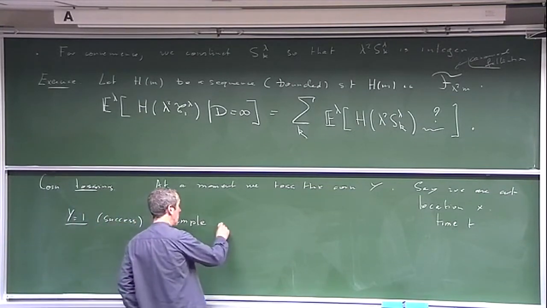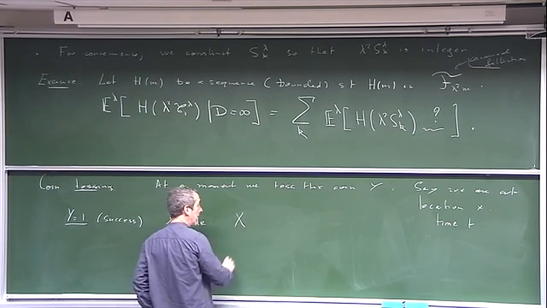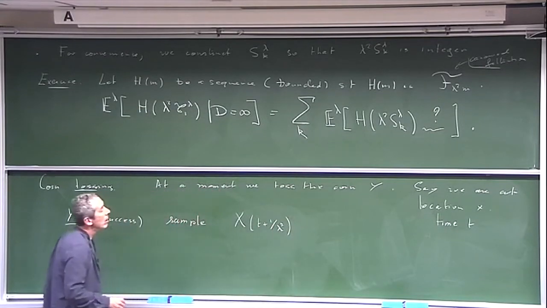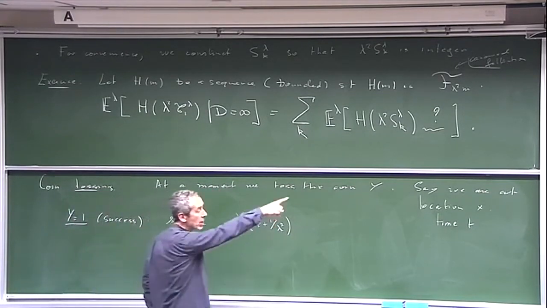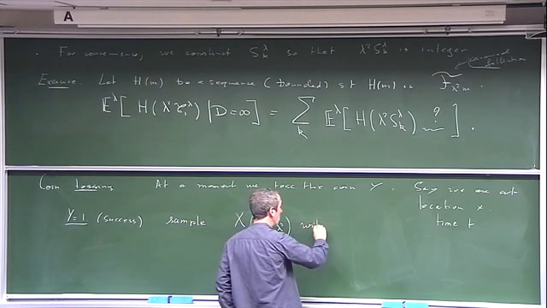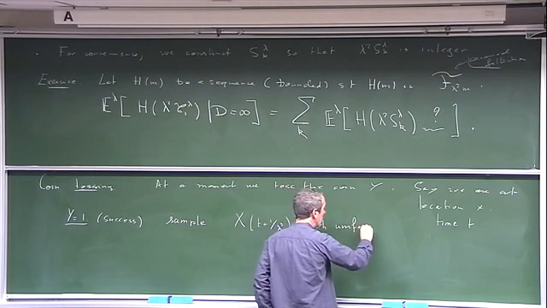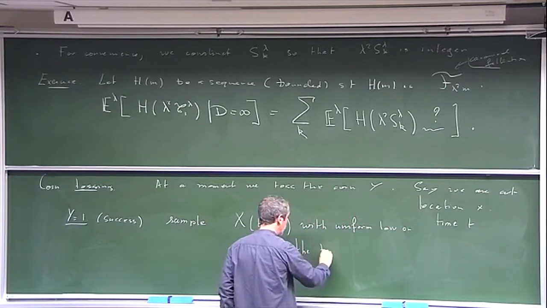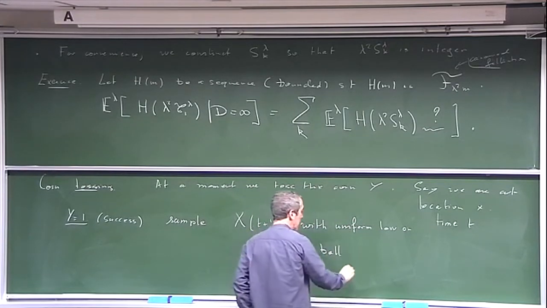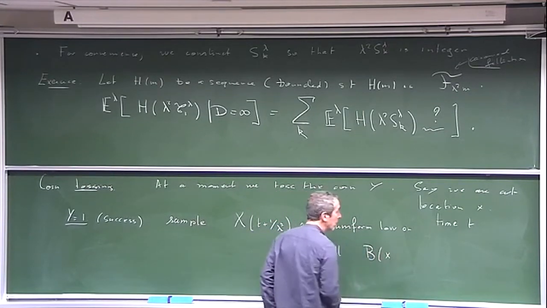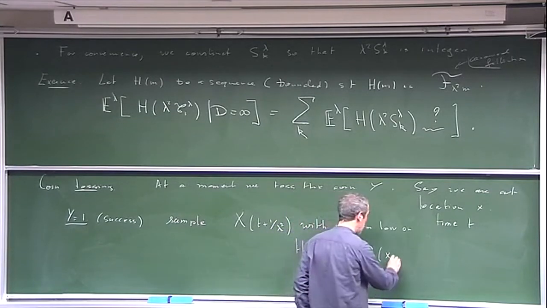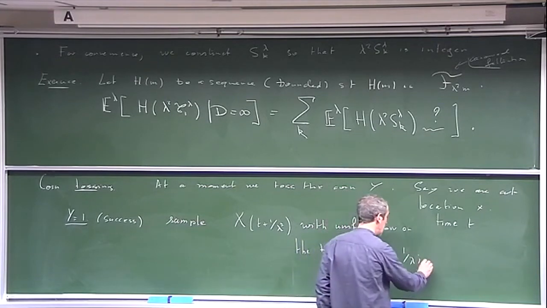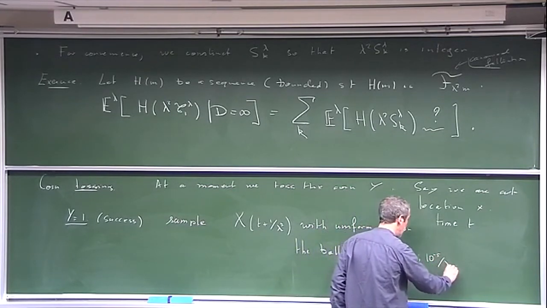So you sample X at time t plus 1 over lambda square with the uniform law on the ball centered at point X plus 1 over lambda, with this small radius, 10 to the minus 5 over lambda.